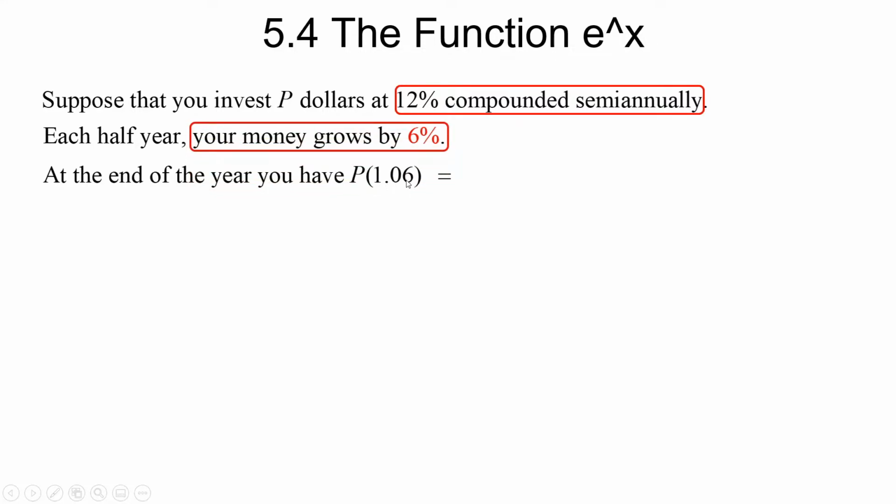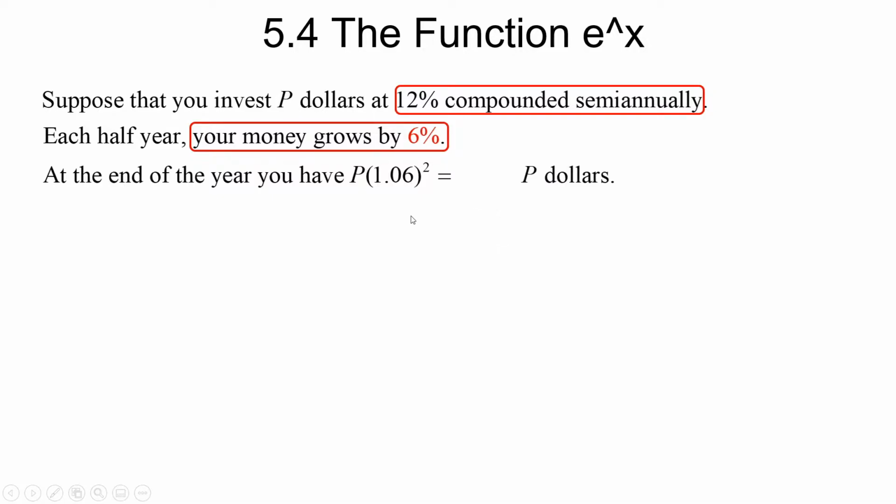And then how many times am I compounding in that year? Twice. We're compounding semi-annually to the second power. Now, guess what? If you punch out this 1.06 to the second power on your calculator, you're going to get a number slightly more than that 12. Check it out.